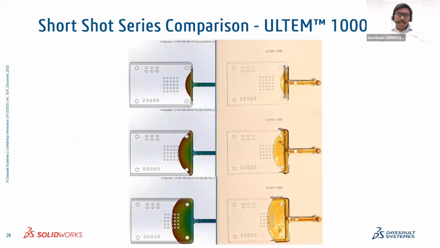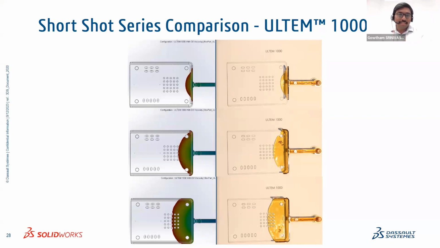Okay, and we have also done various virtual testing. This is one of the test data done by SABIC, a world leading material supplier and manufacturer. They compared SOLIDWORKS Plastics results with the real world lab test results.